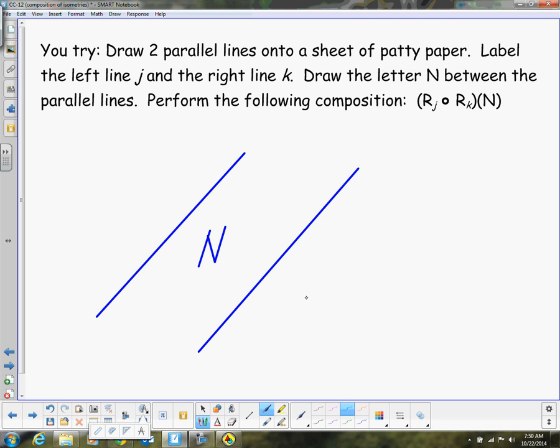I think I'm going to need a compass to do this. What do I need from this vertex? What am I going to need? Isn't it a perpendicular line?